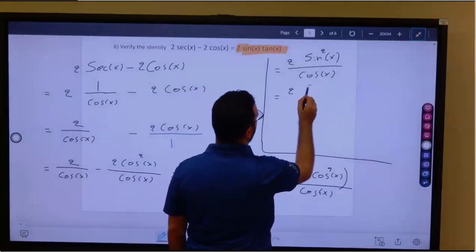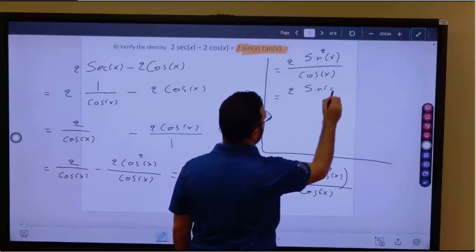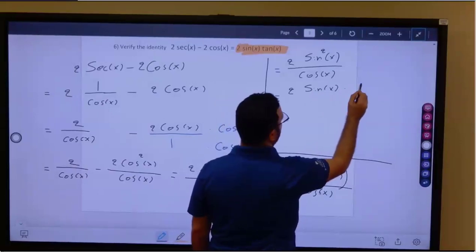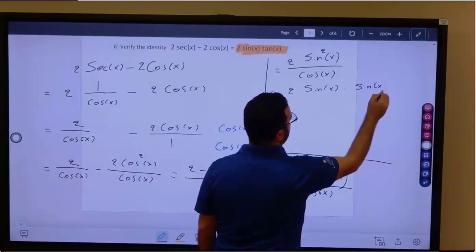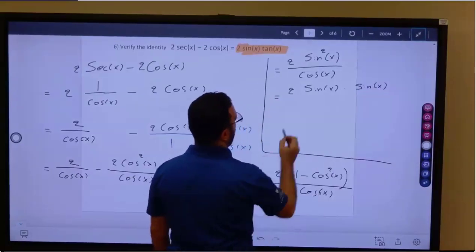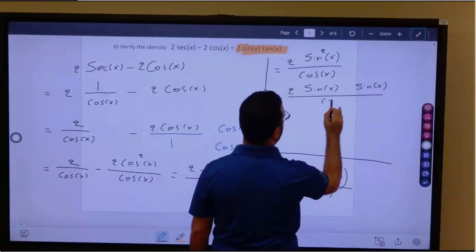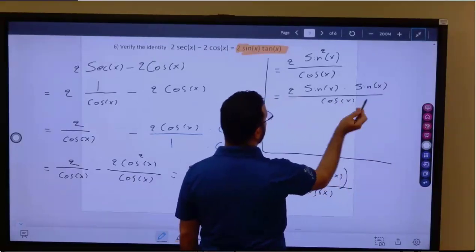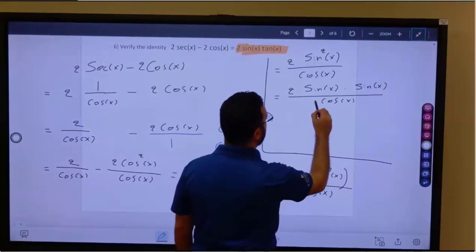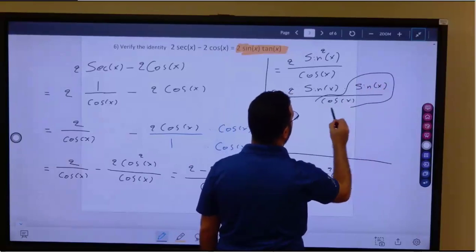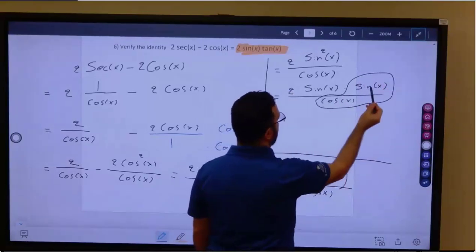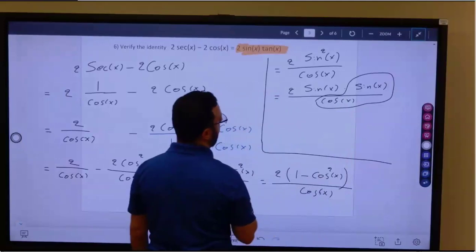I can write it as sine x times sine x over cosine x. Because it's multiplication, the sine divided by cosine is tangent.